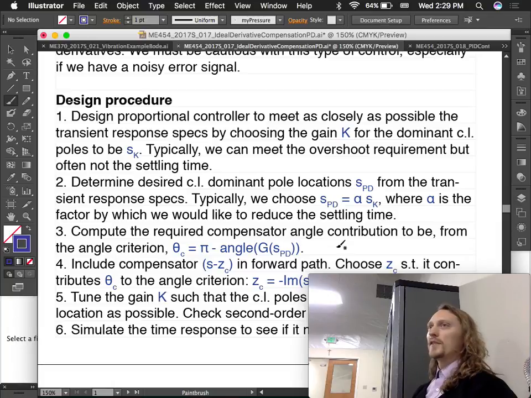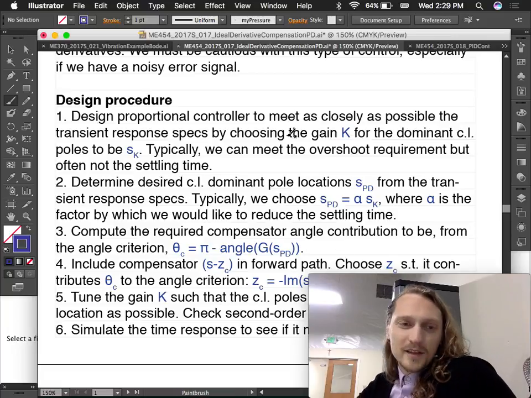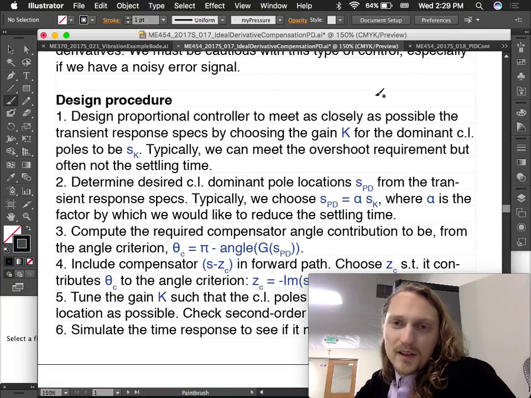And from that, we talked about how you can think about evaluating a complex function at a given point as summing up all of the angles to meet the angle criterion. So I'll just do a little sketch here.